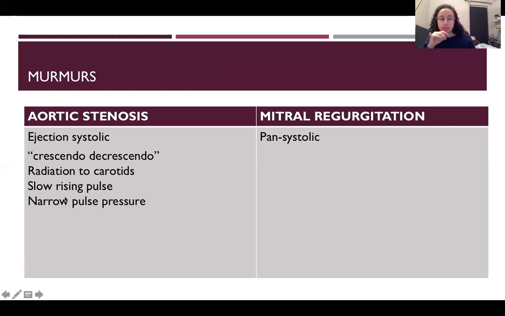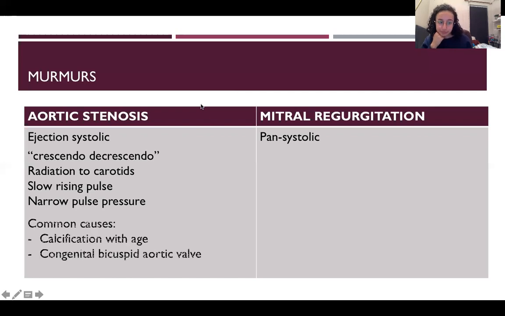And it won't reach as high a systole as if you just had a normal aortic valve, so a narrower pulse pressure. The difference between your systolic pressure and your diastolic pressure is not that big a difference, okay? So that's why those two are significant for aortic stenosis.